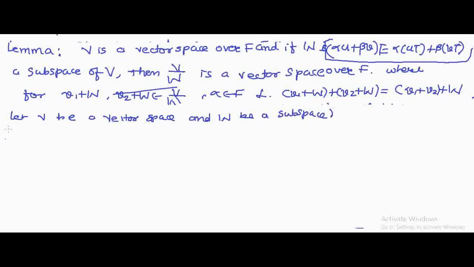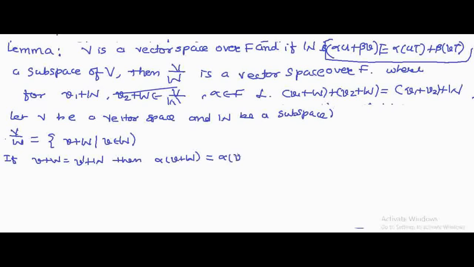Then V by W is the set of all elements of the type V plus W, where V belongs to capital W. If we prove that if V plus W equal to V dash plus W, then alpha times V plus W equal to alpha times V dash plus W, this is what we want to prove.